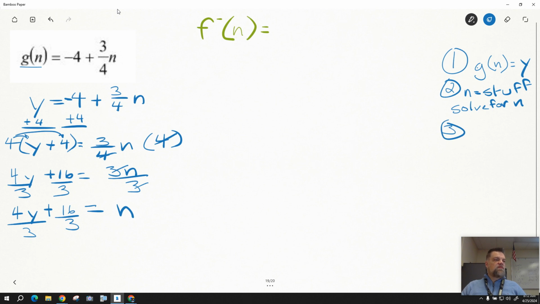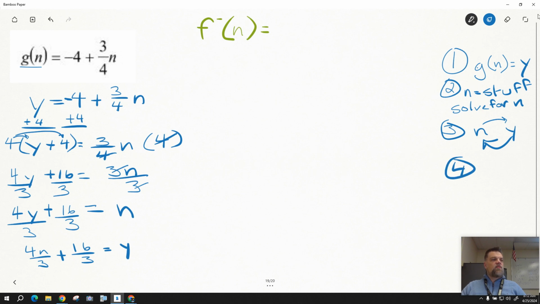I'm going to flip-flop the n and the y. And we're used to flip-flopping the x and the y, but it doesn't matter. So then this becomes 4n over 3 plus 16 over 3 equals y. Last step.